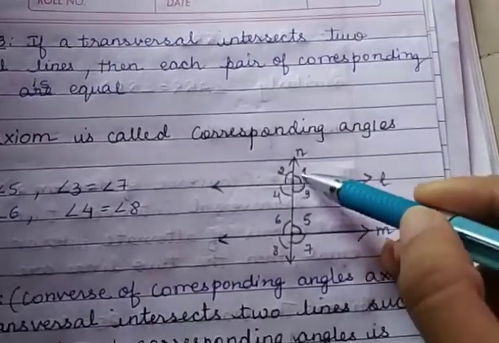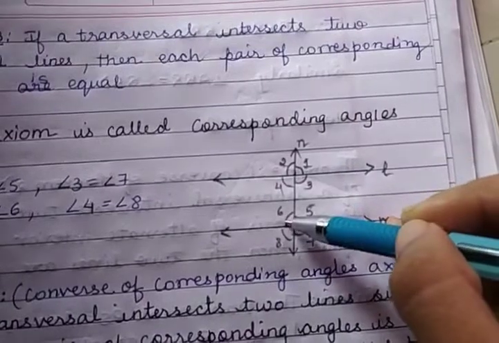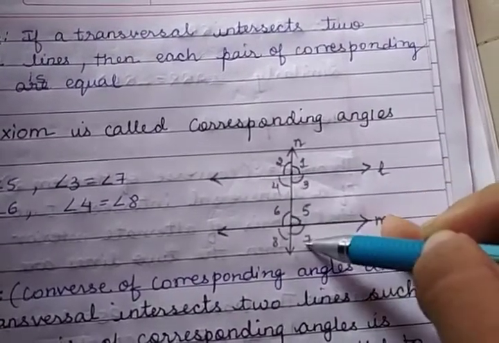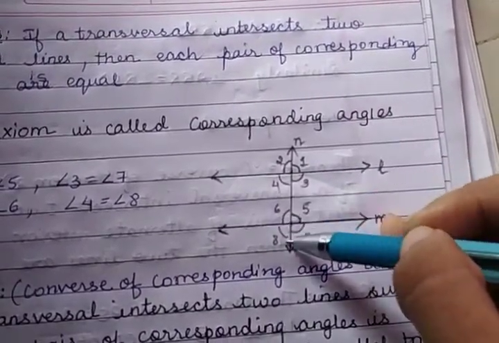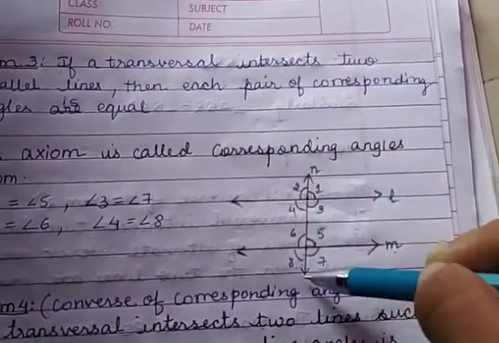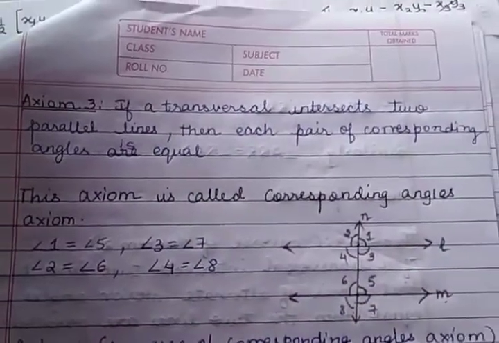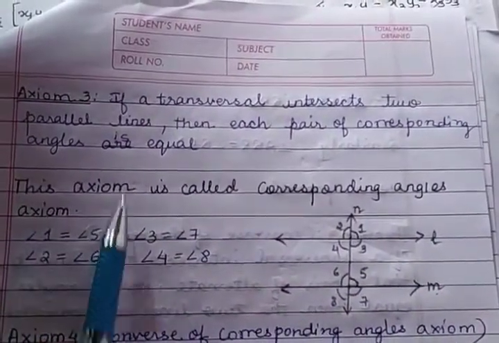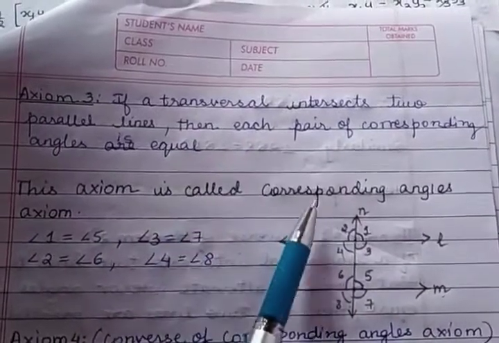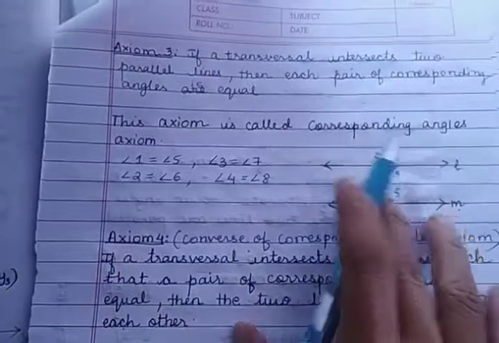So angle 1 will be equal to angle 5, 2 will be equal to 6, 3 will be equal to 7, and 4 will be equal to 8. So if two lines are parallel and a transversal intersects these two lines, then the corresponding angles are equal. This axiom which we just saw is called the corresponding angles axiom.